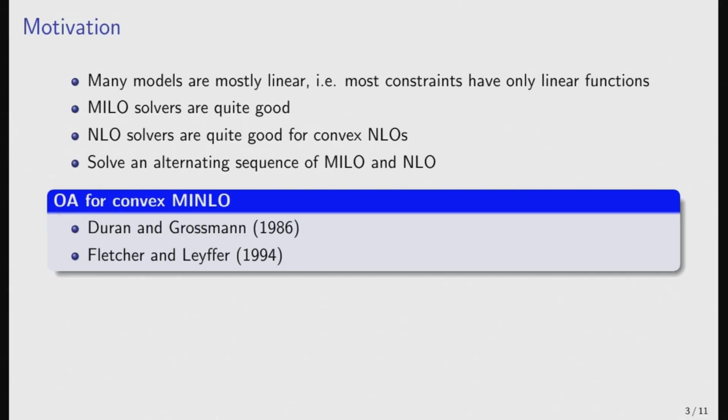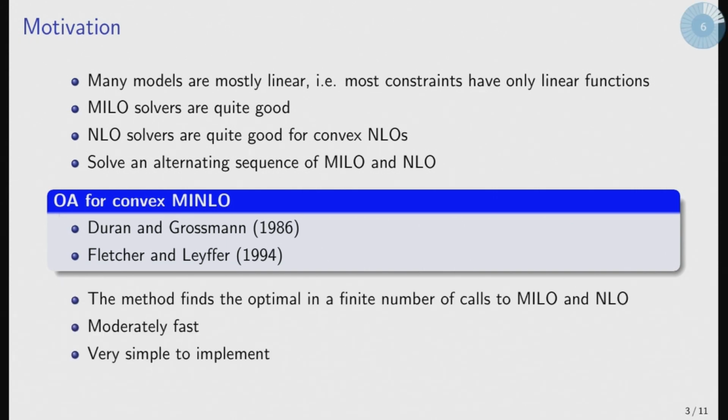This algorithm is called outer approximation for convex MINLOs, first proposed by Duran and Grossmann in 1986, and they showed that it works quite well for several chemical engineering type of problems. Later Fletcher and Leyffer analyzed it and showed some good properties of this algorithm. Good points about this method are you only need to solve a finite number of MILOs and a finite number of NLOs.